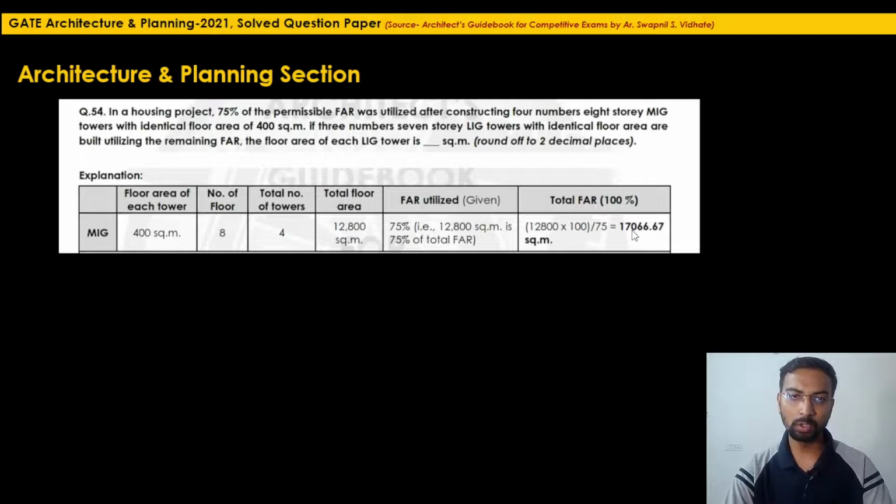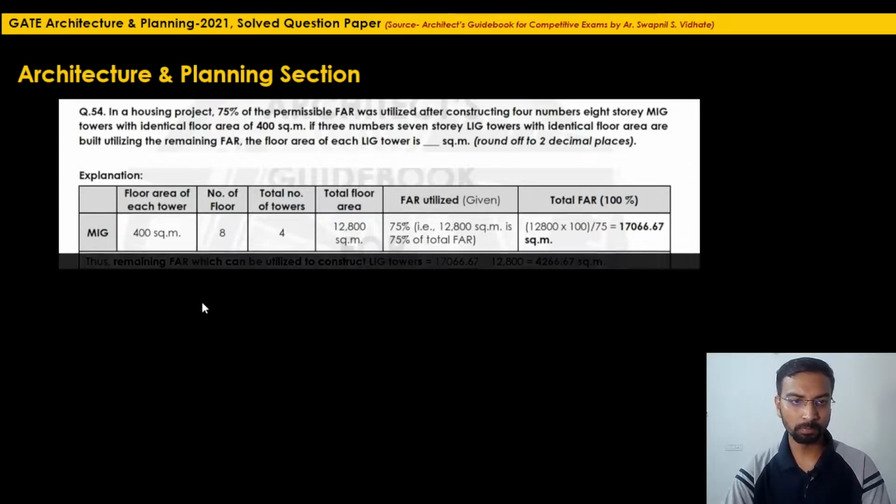The total permissible FAR will be 17,066.67 square meter. This is the total FAR permissible. So if we subtract, 17,066.67 minus 12,800 square meter, then we will get the FAR to be used for the LIG towers.